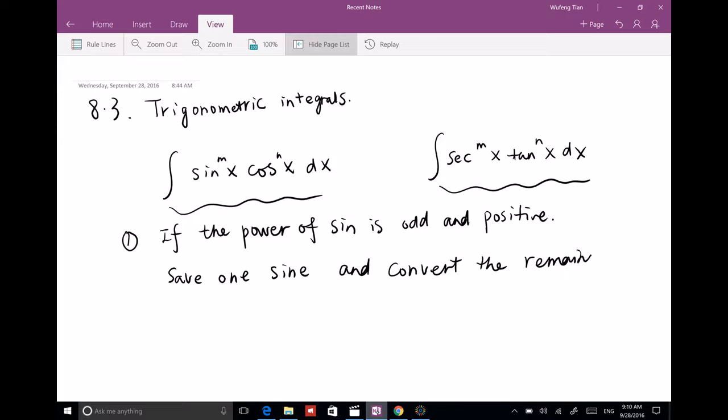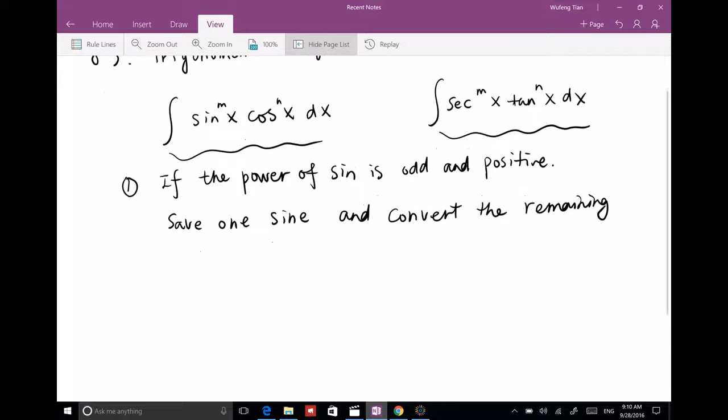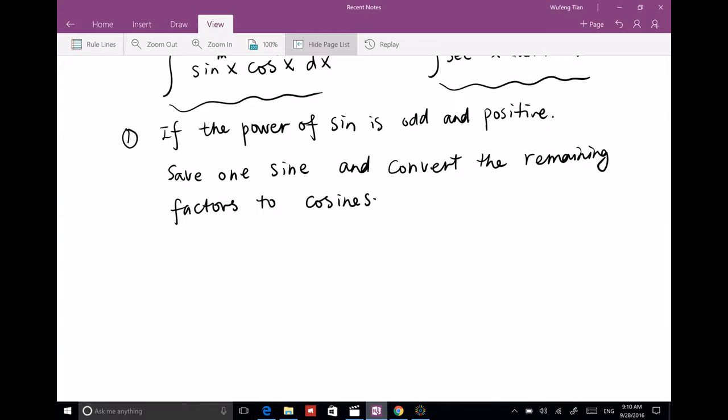I should have just given you an example and let you guess what we are supposed to do, and let you think about it. For example, I'll give you an example first: sine x cubed cosine x squared dx.